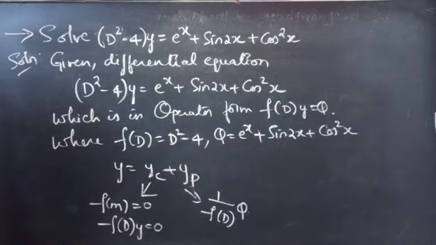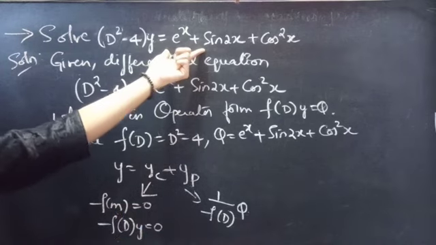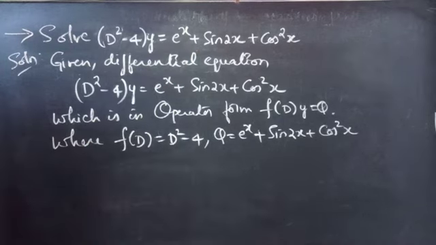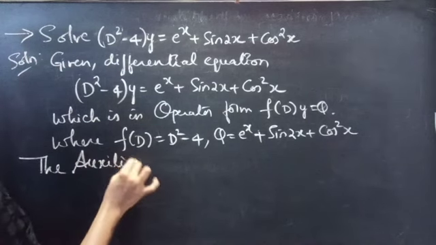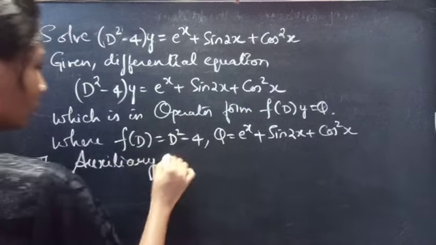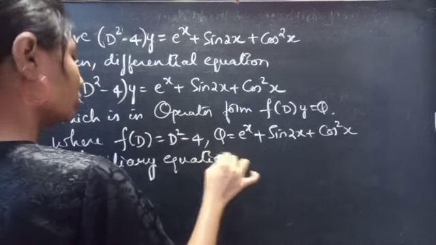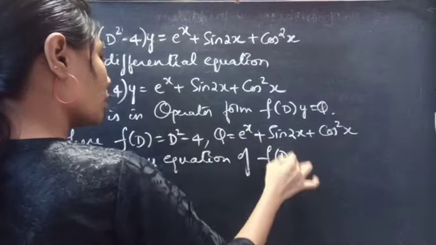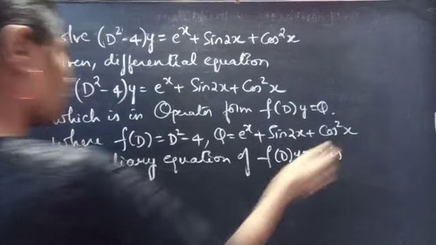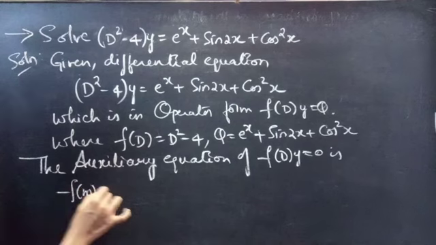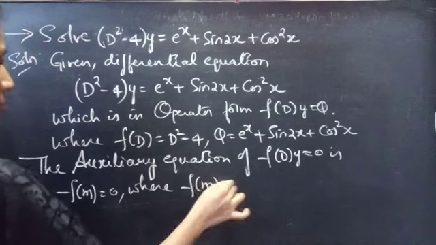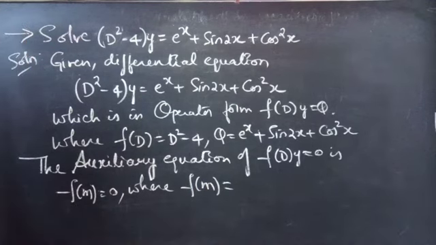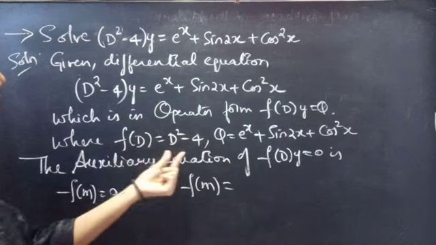So firstly, let's find yc using the auxiliary equation of the homogeneous equation of the given non-homogeneous equation. The auxiliary equation of the homogeneous equation is f(m) equals 0, where here we are having f(D) equals D square minus 4.